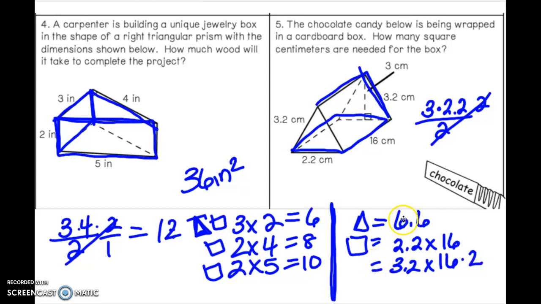So we're going to add 6.6 and 2.2 times 16 plus 3.2 times 16 times 2 of them. I have 2 of these rectangles, okay? And if I add them all together, I am going to get 144.2 centimeters squared.